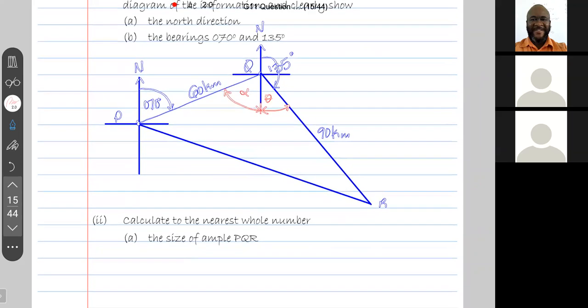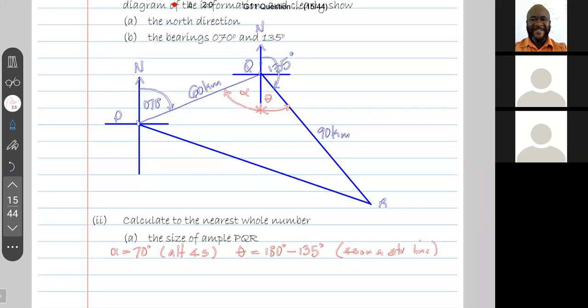Looking at my diagram, I can see that alpha is equal to 70 degrees. They are alternate angles. And that theta is equal to 180 minus 135 degrees. And this is because they are angles on a straight line.